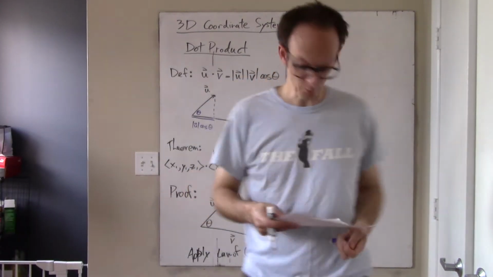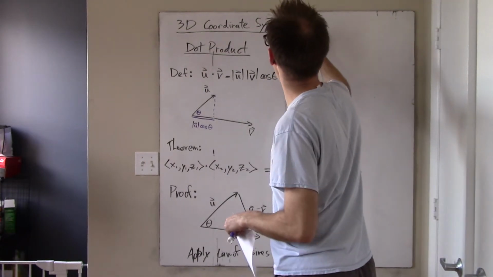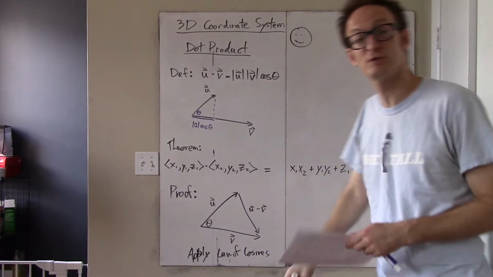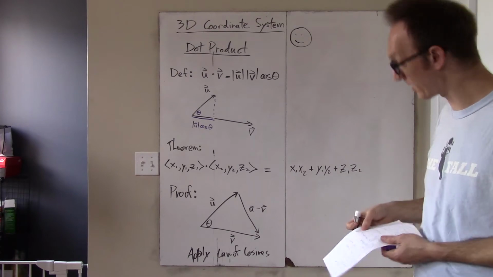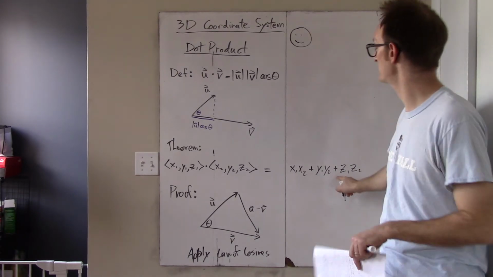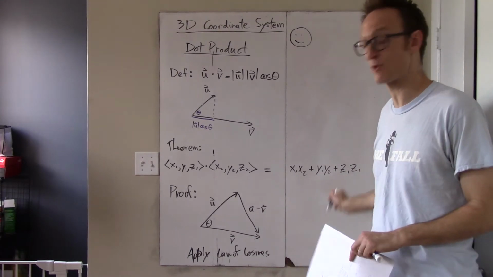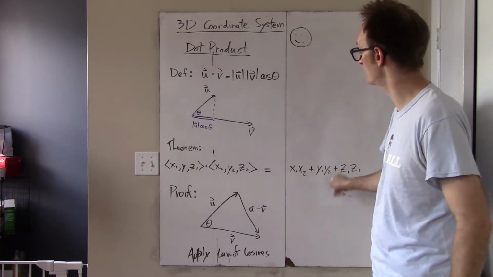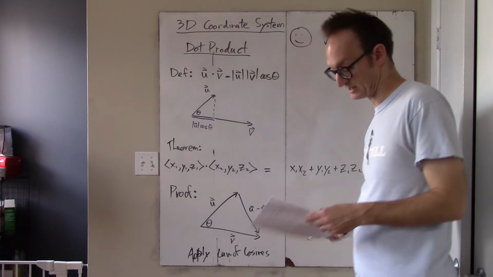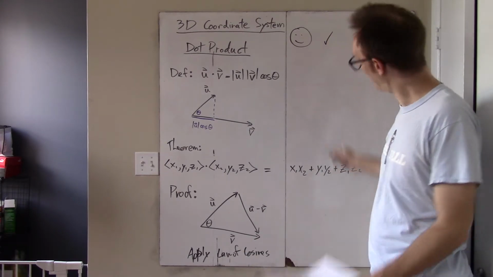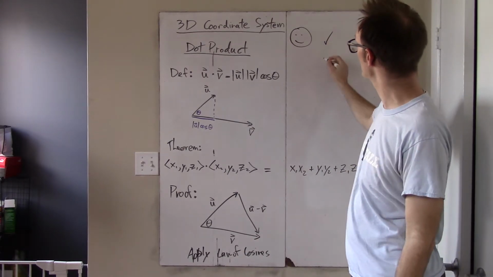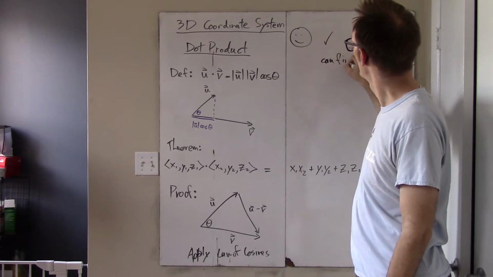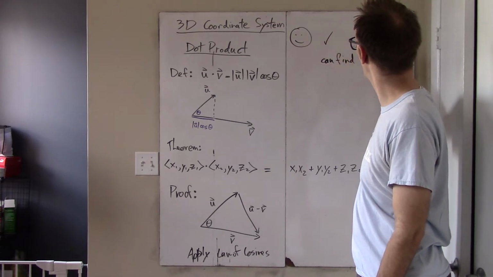Okay, what's the takeaway? Why is the dot product so useful besides just for physicists? Well, for one thing, it's really easy to compute dot products. It's just a simple number of multiplications and additions, so it's nice and easy and fast to do. But the other thing that's good about it is that we can find theta easily.